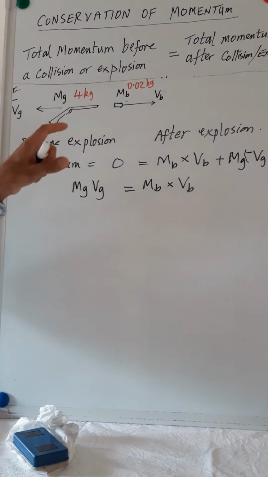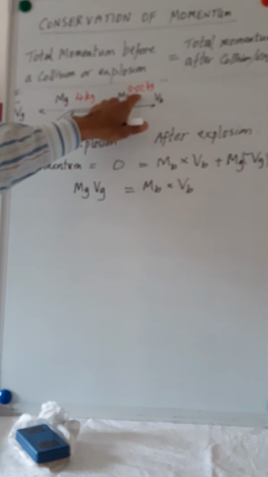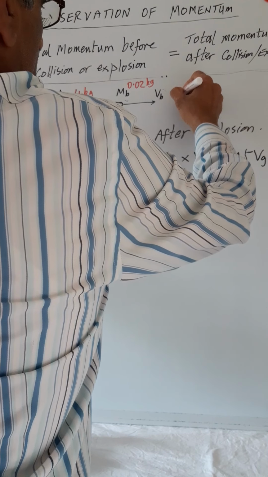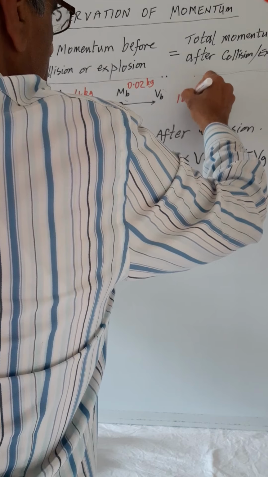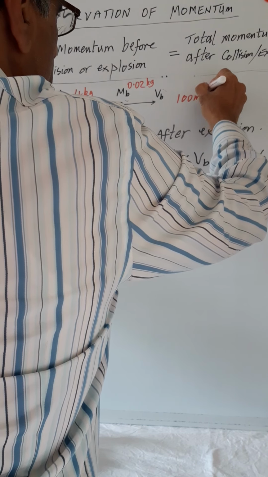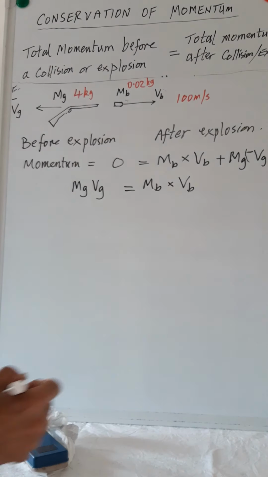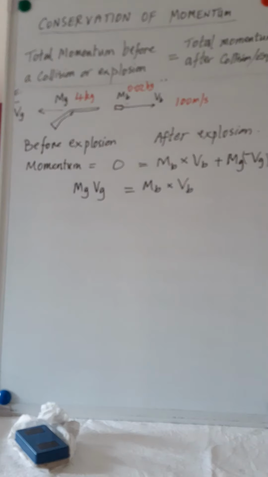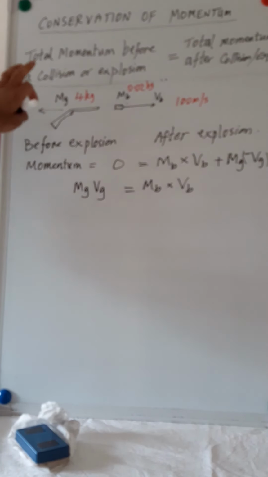We're going to convert this into SI units, and it comes out with a velocity of 100 meters per second. So we want to find what the recoil velocity of the gun is going to be.